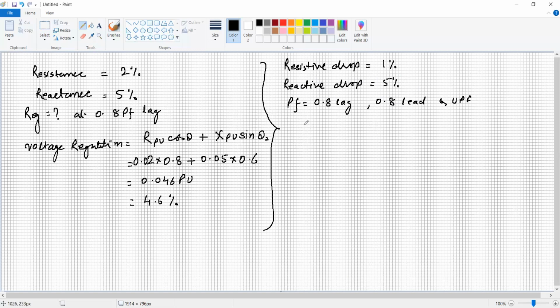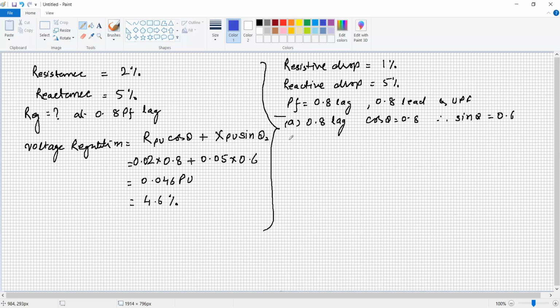First we will calculate at 0.8 lag. So cos theta is equal to 0.8, therefore sin theta is equal to 0.6. Quite simple.